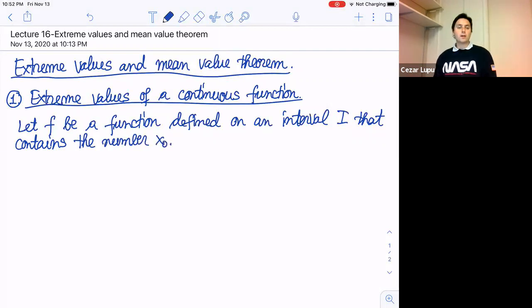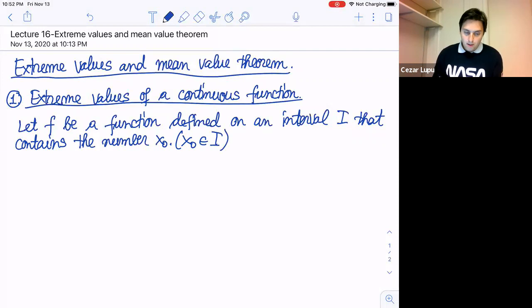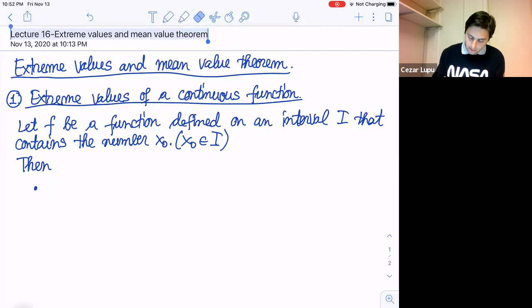So we have a function, and we have this point x naught, which is in this interval I. So that's what we know. Then we have the following.